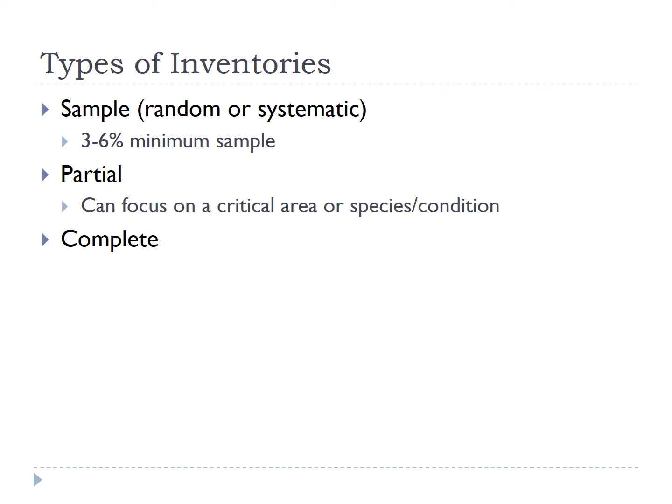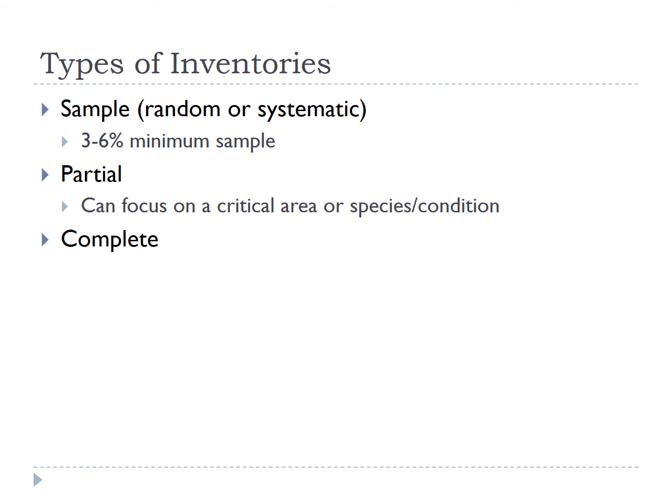We can also do partial inventories, where we might focus on one particular neighborhood or one particular species, and we might do something called a windshield inventory, where, especially if we're looking for a particular group of species, just drive around and see how many of those ash trees are there and make note of them, versus a complete inventory.